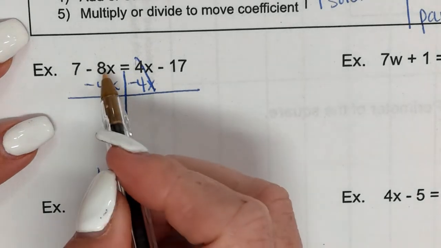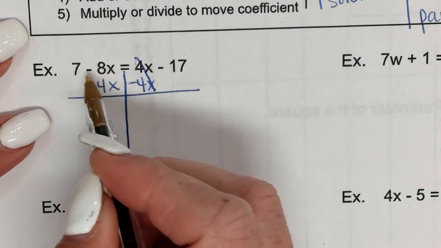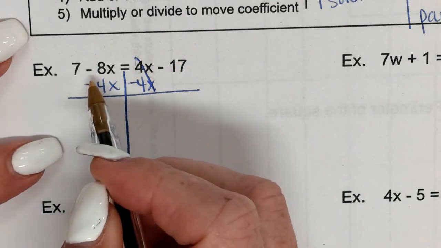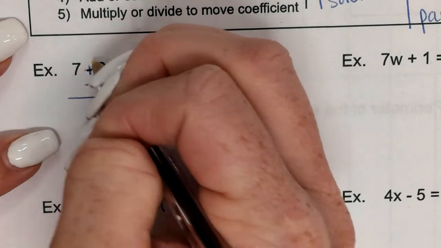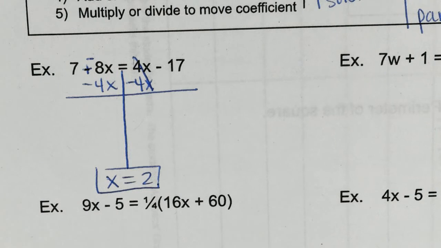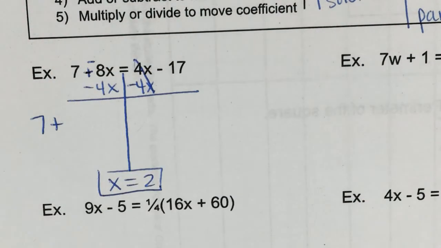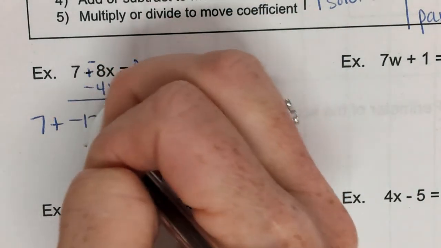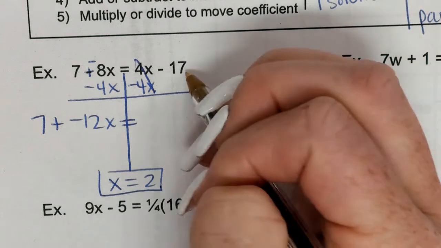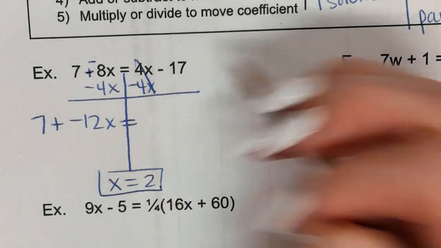Now, when I combine this 8x and this 4x, they both have what kind of value? Because if I change, that shows me that 8 is negative. Yes? So I have 7 plus, what is negative 8 plus negative 4? So negative 12x equals, and what kind of value does this 17 have?